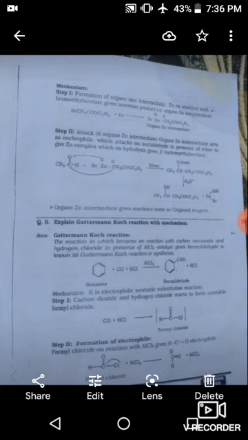This attacks a second mole of aldehyde, forming an unstable product, which undergoes hydrolysis, forming the beta hydroxy ester plus zinc bromohydroxide.